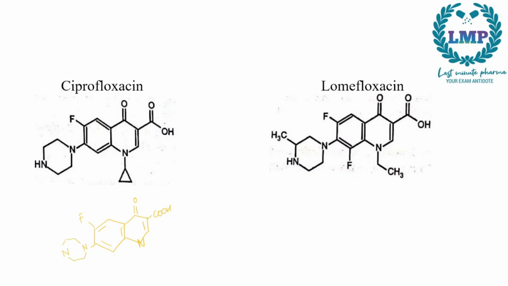No nitrogens in this ring from now on. And then to this nitrogen, instead of giving 2 straight carbons, we will give a 3 carbon ring. So a cyclic 3 carbon compound, that is cyclopropane, would be added to this nitrogen. So this will give you ciprofloxacin.